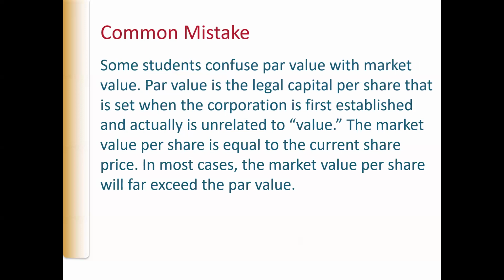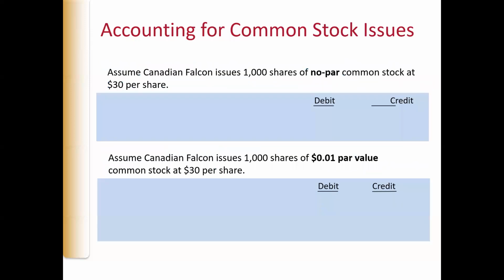Students can confuse par value with market value. There's nothing related to it. And some stocks don't even have a par value. Some are issued as no par common stock. But we're going to look at how we account for stock with a par value associated with it, or if there is a no par common stock.